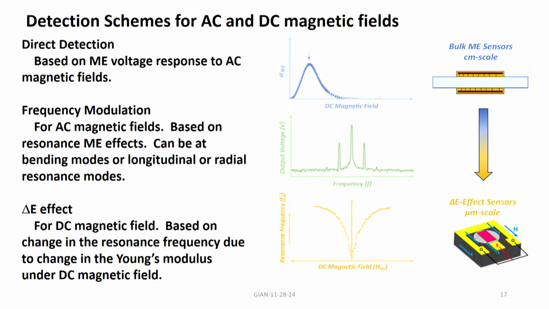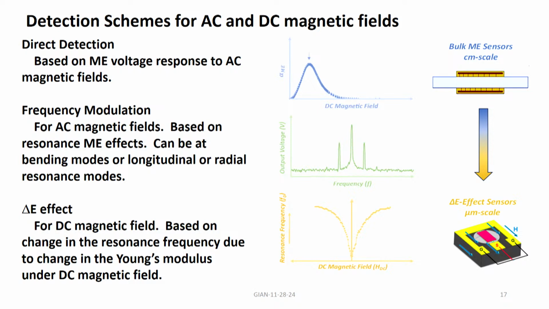This coefficient is measured as a function of AC magnetic field amplitude. So, you have a calibration curve. Any unknown field, you should be able to measure it. But the only drawback here is, you need a bias magnetic field, and I am going to talk about several systems that have self bias. So, you do not need an external source of magnetic field, that can be taken care of.